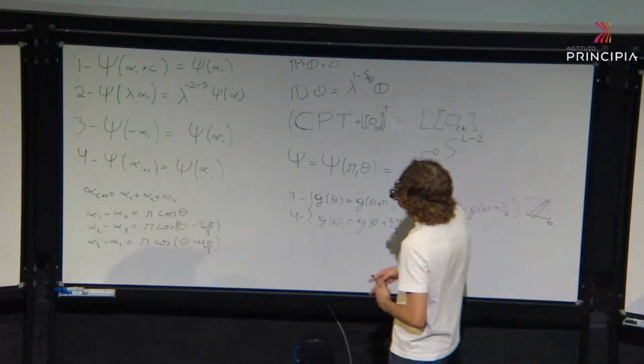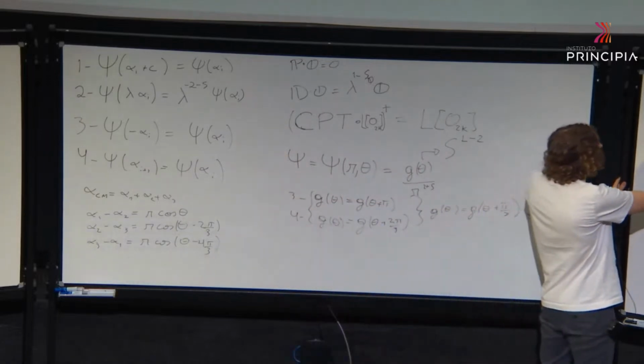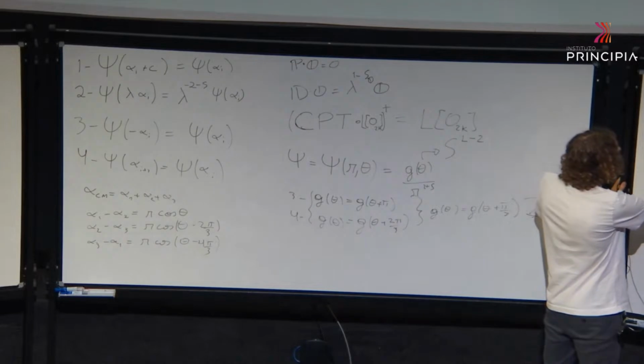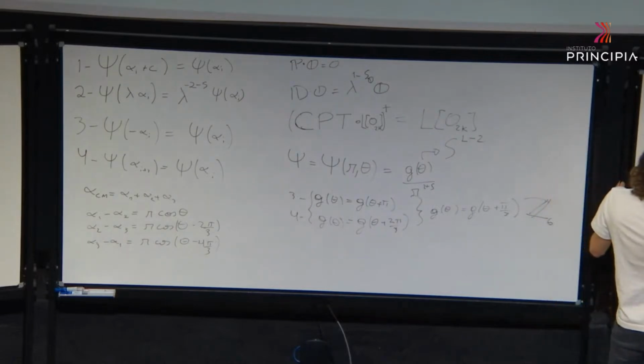Now, because of the second condition, there is also a second order differential operator, the quadratic Casimir, that also is diagonalized by the light ray with some eigenvalue, which is a simple function of S.